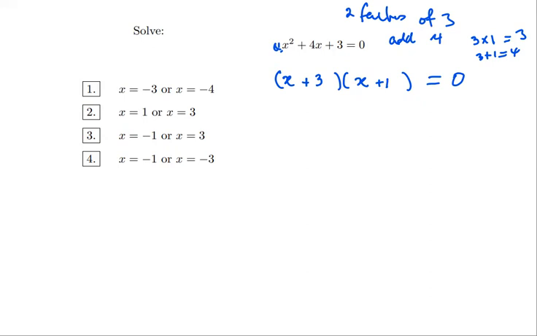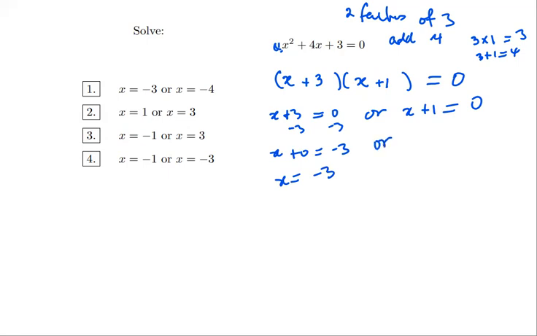And then if two numbers are multiplied to give you 0, this means that x plus 3 equals 0, or x plus 1 equals 0. So we first solve this one. You want to get rid of this 3, and we'll just subtract 3 on both sides, and we get x, 3 minus 3 is 0, and 0 minus 3 is -3. So x equals -3.